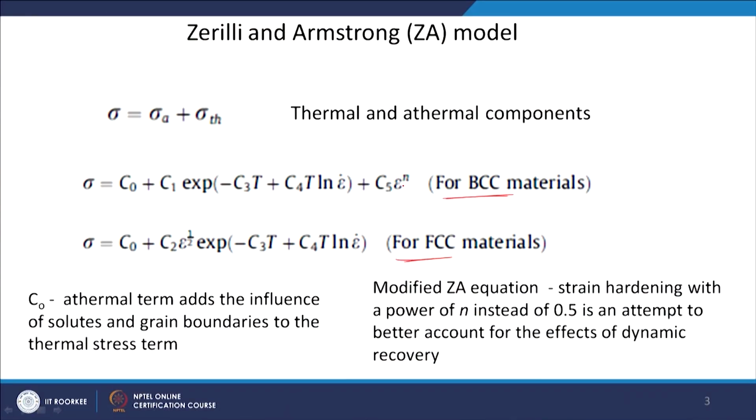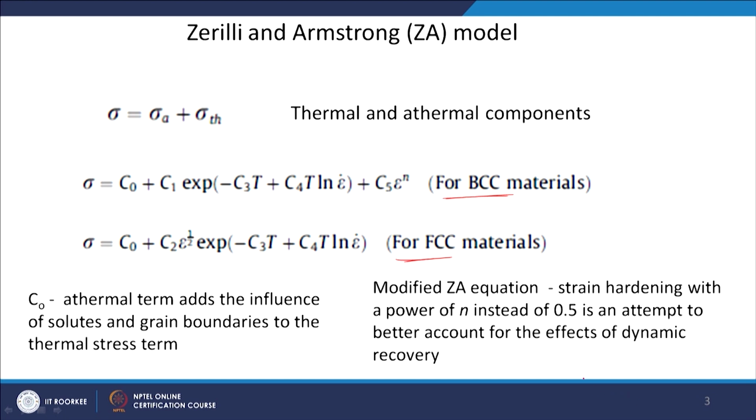You have C0 to C5, where earlier we had only 2 or 3, and on top of that you have these exponents also. So, C0, C1, C3, C4, C5 and some exponent here. Similarly, for FCC material you have C0, C2, C3, C4 and so on.